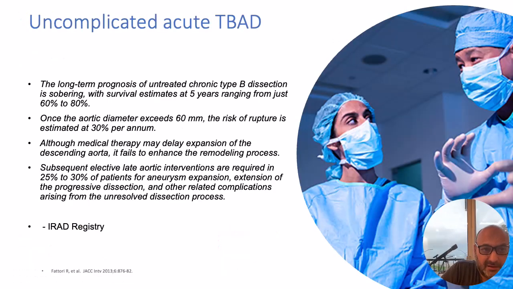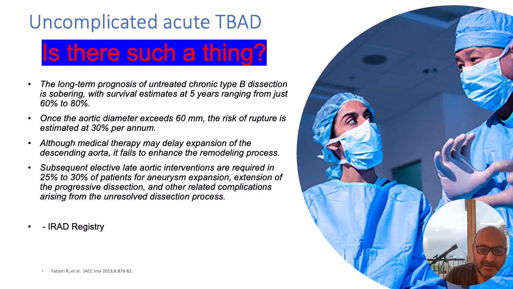If you look at the uncomplicated type B dissection, really this is kind of a misnomer. When you see uncomplicated type B dissection, is it really uncomplicated? Is there such a thing as uncomplicated type B dissection? It's all complicated, but it's a relative term. So if you treat uncomplicated type B dissection medically, what they found is about 60 to 80% in 5 years.